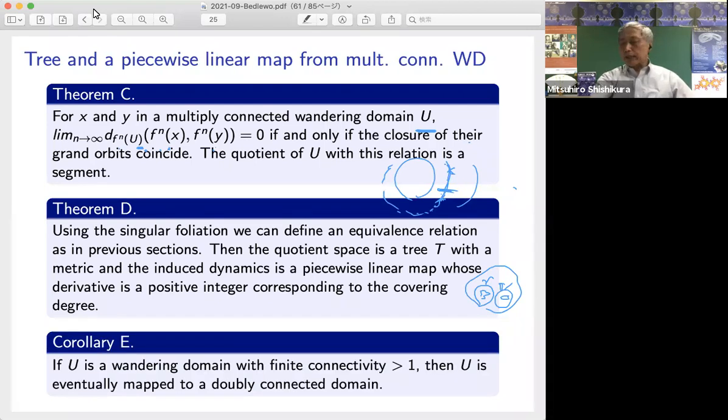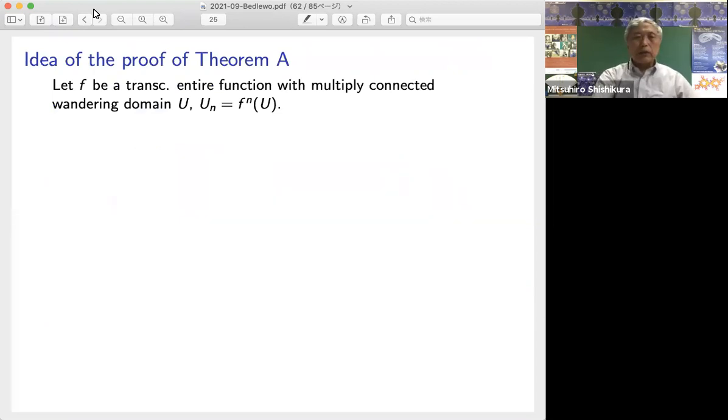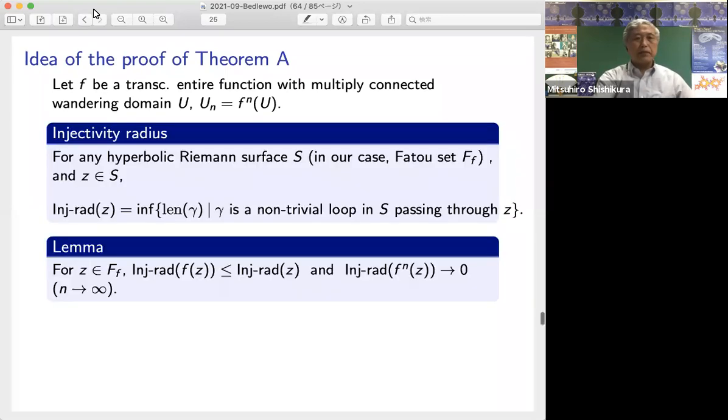It doesn't have to be a corollary of this, but from these arguments you can also conclude that with finite connectivity, eventually they map to the doubly connected wandering domain. You can look at the Bergweiler-Rippon-Stallard paper, but I was going to present the view with hyperbolic geometry using injectivity radius.